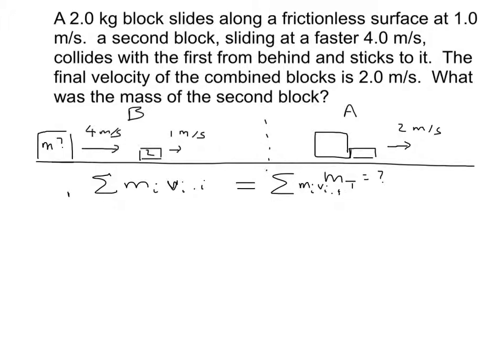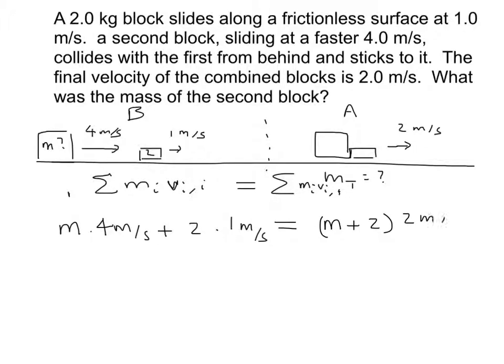So let's say m, which is unknown, times 4 meters per second plus 2 times 1 meter per second. And by the way, we've got kilograms over here, so I'm just dropping it out of the equation because I know I can divide by kilograms and it will all fall out. It's a shortcut, I know. So m plus 2 and then times 2 meters per second.